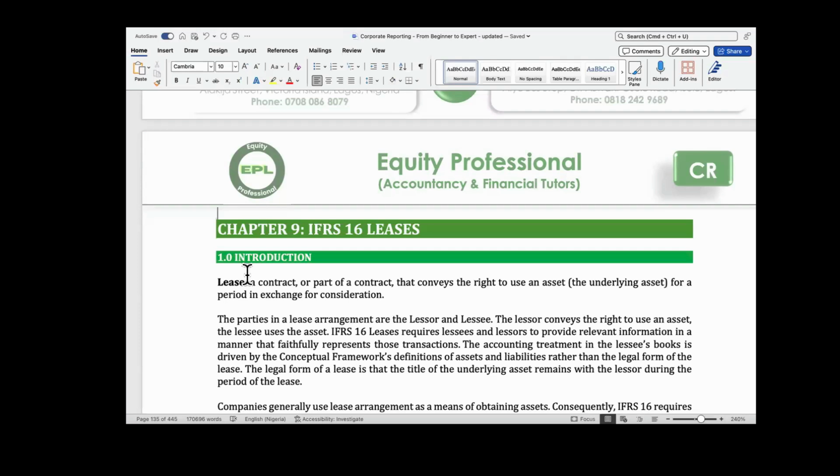I told you that the reason why the lessee is recognizing a lease liability is because right from the commencement date, he has an obligation to pay all of those rents through the lease term. He has an obligation to pay all the rents. And that is why the lease liability is usually measured at the present value of the unpaid lease rentals.